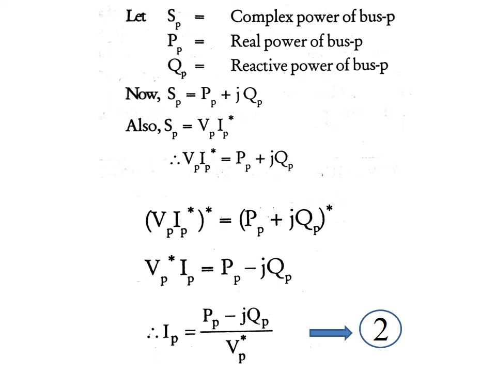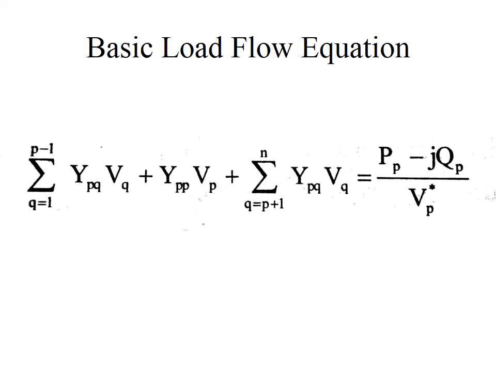Equating these two powers, we can write Vp into Ip conjugate equals Pp plus jQp. Now taking conjugate on both sides and rearranging, we will arrive at equation number 2 as Ip equal to Pp minus jQp divided by Vp conjugate. Now equating the RHS of both equation number 1 and 2, we will arrive at the basic load flow equation as shown.